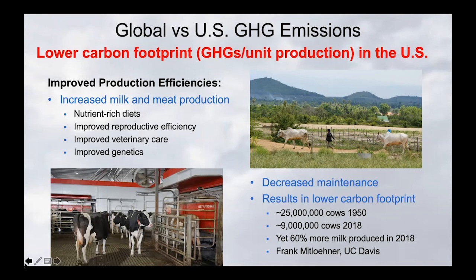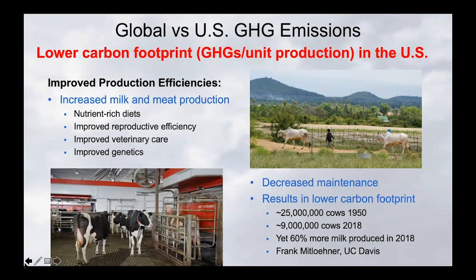So Dr. Frank Mitloehner out of UC Davis has done a lot of work with greenhouse gas emissions, and he has reported some really interesting things. He reports that in 1950 we had about 25 million dairy cows. In 2018 we had about 9 million, and yet in 2018 we produced 60% more milk than we did in 1950.